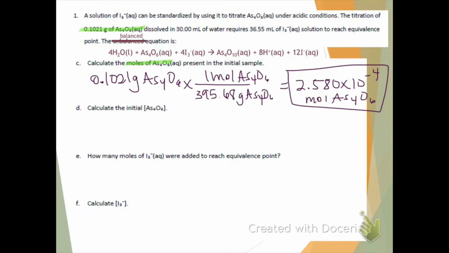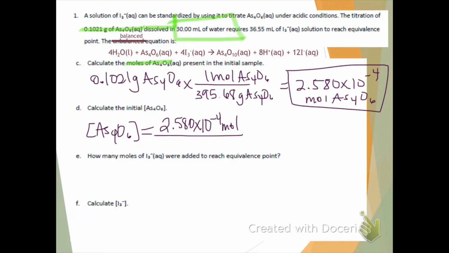We want to find the initial molarity of that tetraarsenic hexaoxide. Well, molarity, or the concentration of that, is our moles divided by liters. We just solved for those moles. And if we go back and look up in our problem again, we can see that those grams were dissolved in 30 milliliters of water.